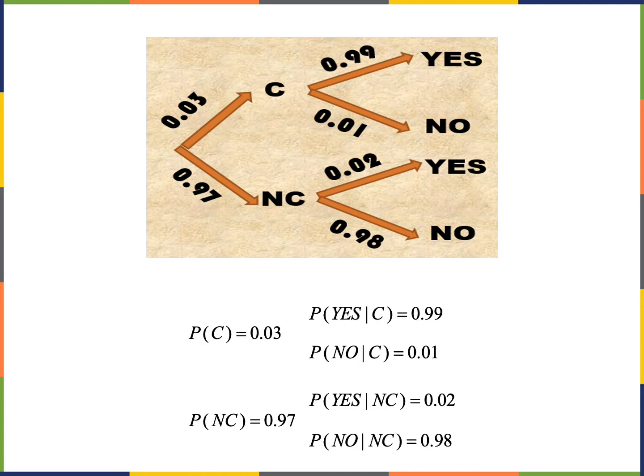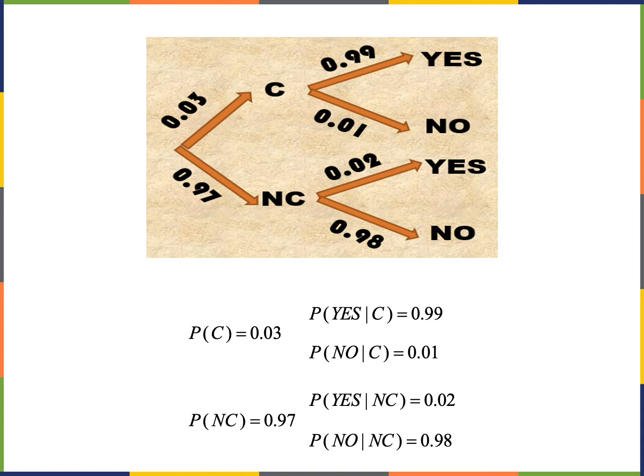Putting this into mathematical symbols, we would write the probability of cancer, P of C, being 0.03, P of NC is 0.97. The probability of getting a yes given that the person has cancer would be 99%. And the probability of getting a no given that the person has cancer would be 0.01.